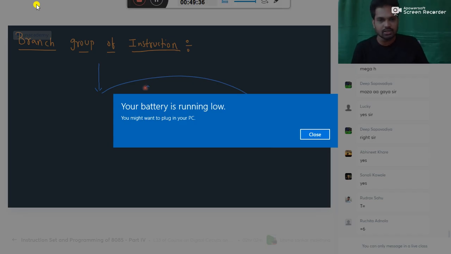It can be conditional or unconditional. What is conditional, sir? There should be some reason. If that reason is valid, I will jump. Unconditional: no condition, sir. When this line comes, automatically I will jump. So this is what we call the branch group of instructions.